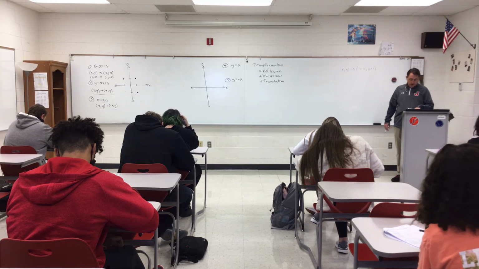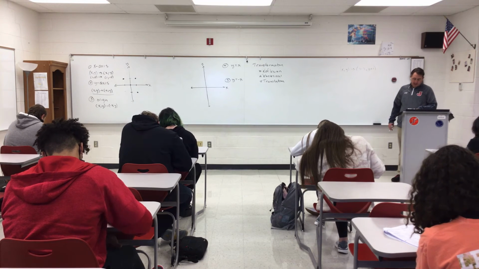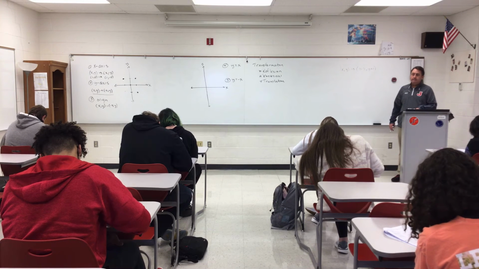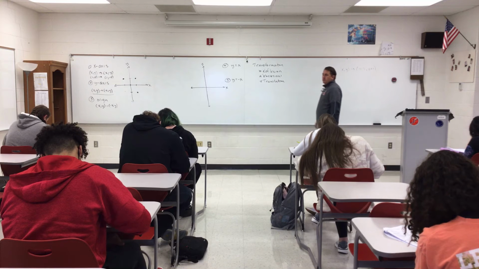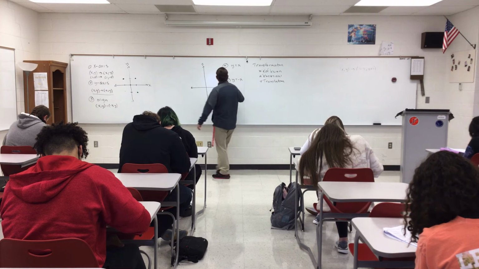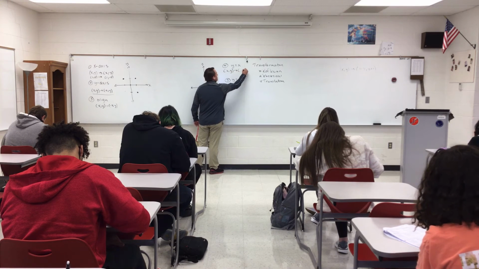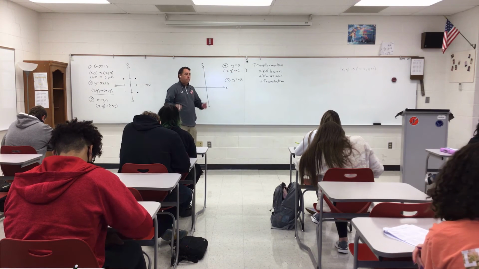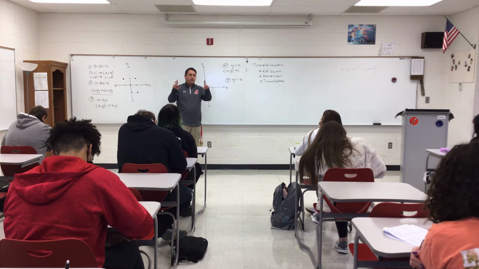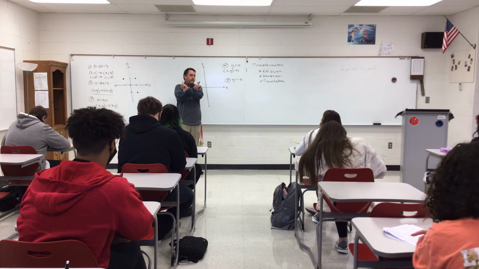Okay, let's look at H. H is 0, negative 3, correct? H prime is negative 3, 0. What's our point doing this time? They're just, instead of being where they were, what are they really doing? They're like changing places, aren't they?